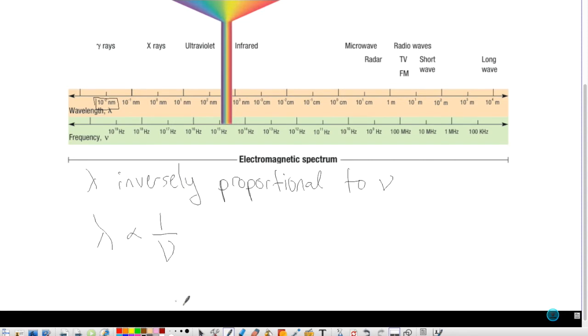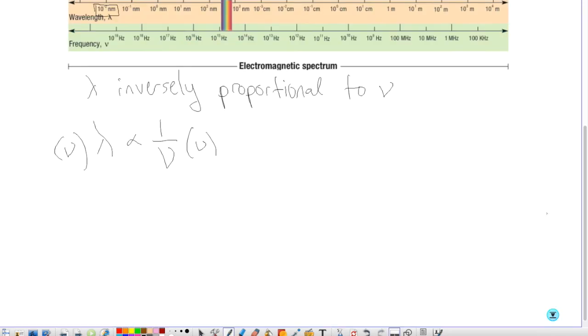Those two statements are the same. In order to make a proportionality into an equality, I can add a constant. So the first thing I'm going to do is multiply both sides by the wavelength. And I'm going to say that the wavelength times the frequency equals some constant. So wavelength times frequency equals a constant. I just need a little bit more room here.